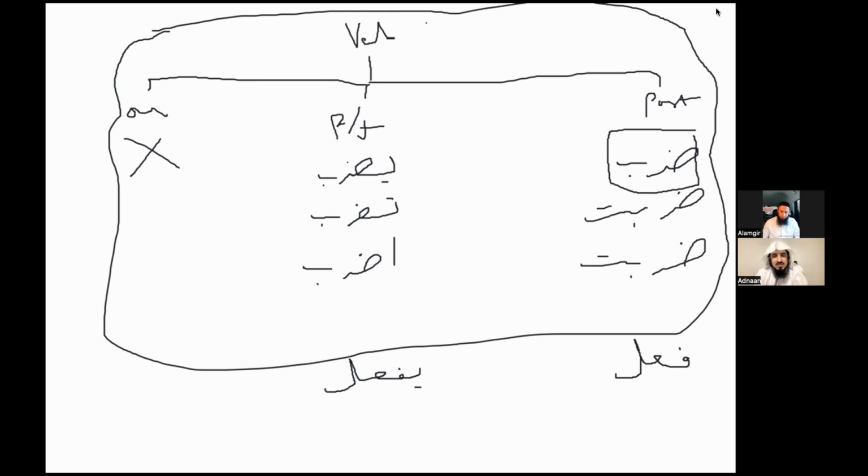And then there's other words that will come, for example hasiba. Hasiba is from fa'ila. Can you see? So that's your balance. So then you would write another one here. So one is fa'ala, then you've got fa'ila, then you've got fa'ula. You just put a haraka and you see the different ones.